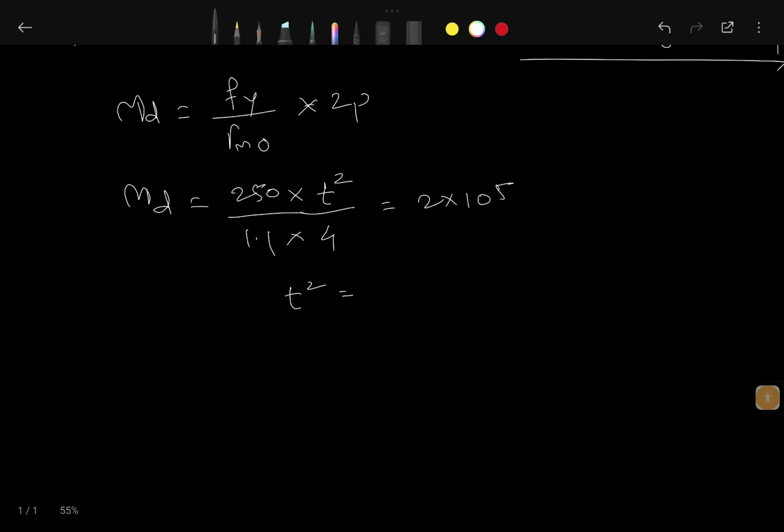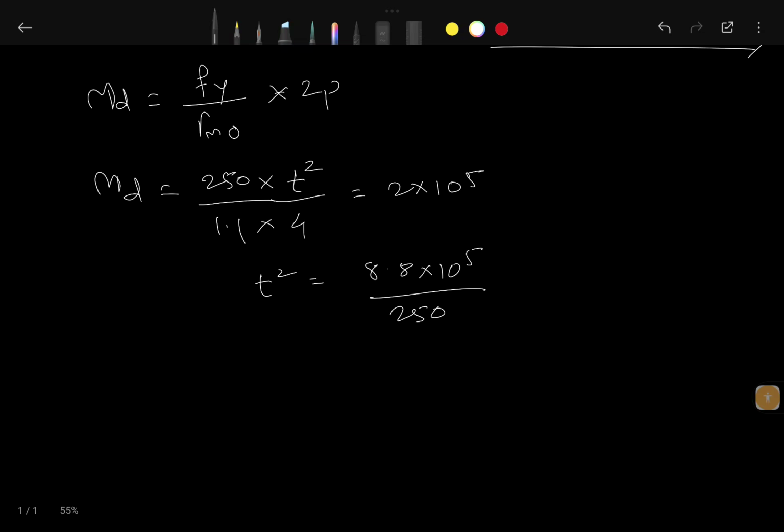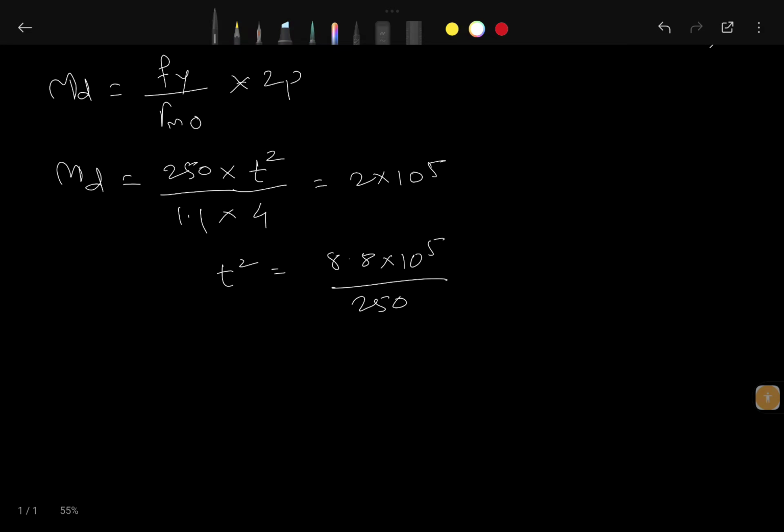So t square is equal to 1.1 into 4 into 2 into 10 to the power 5 divided by 250, which is 8.8 into 10 to the power 5 divided by 250.